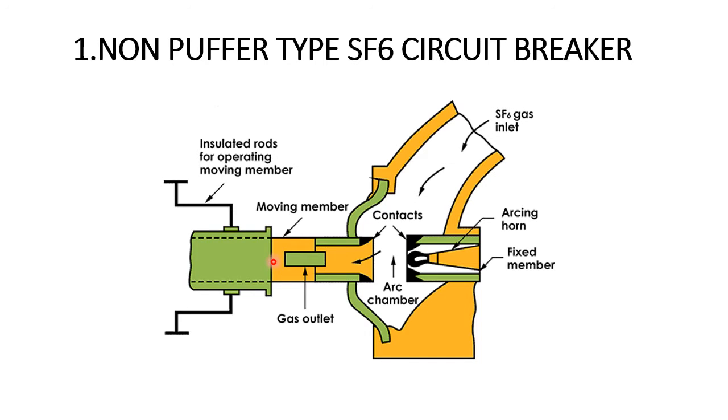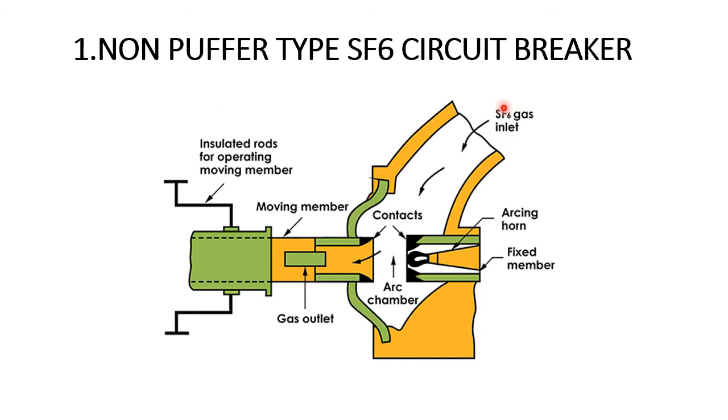So the main arcing process is done in the arcing chamber over here. An SF6 gas reservoir is connected to this particular arc chamber by using a valve mechanism as discussed, right? The valve is synchronized with the moving contact of the circuit breaker.